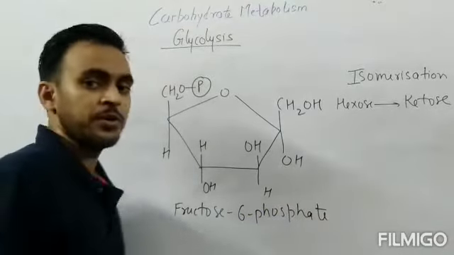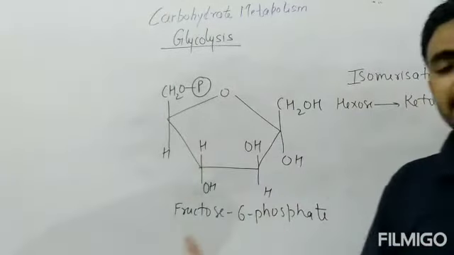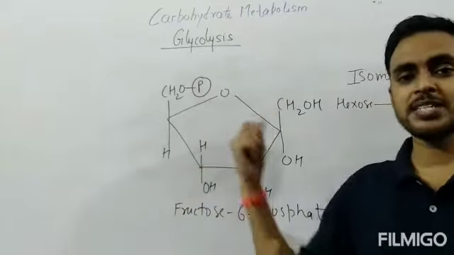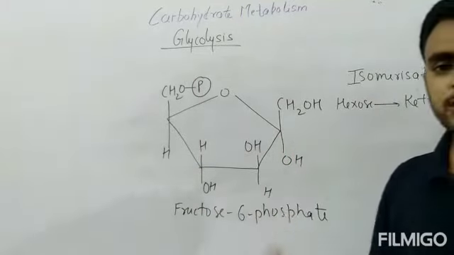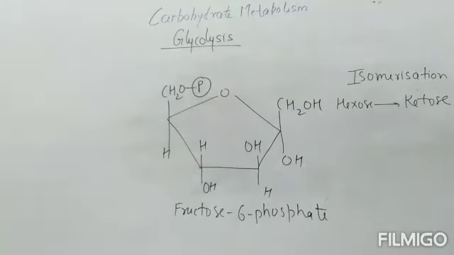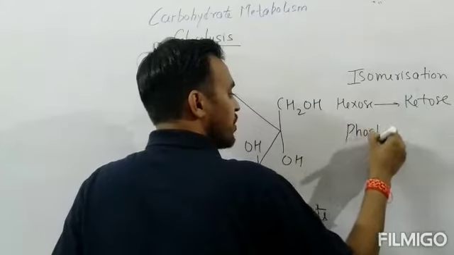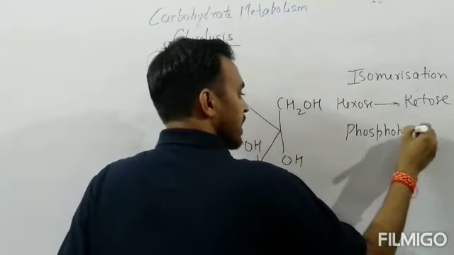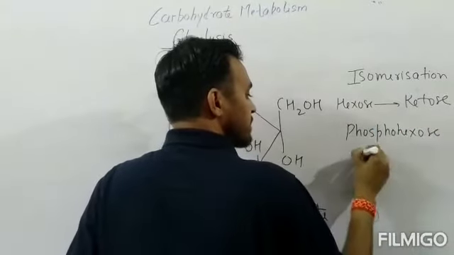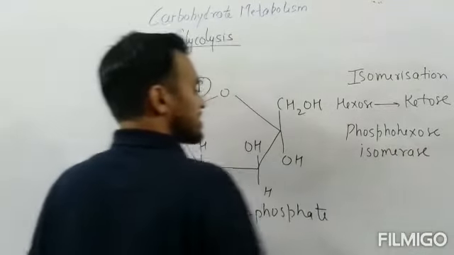We already know that glucose is an aldehyde sugar, and the ketone sugar with 6 carbon atoms is fructose. The enzyme is phosphohexose isomerase.